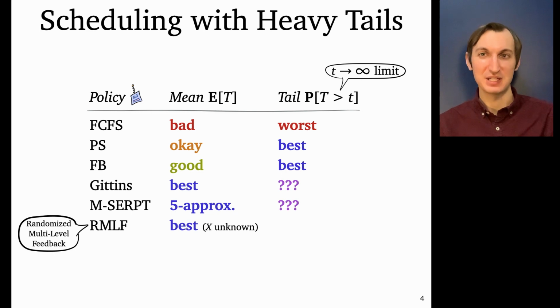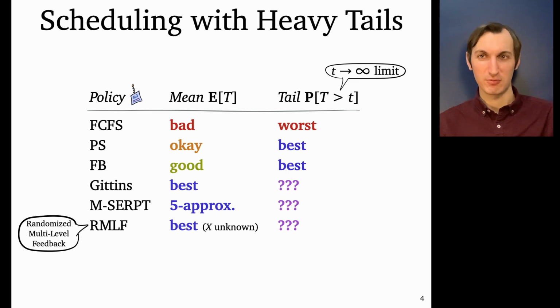So if you don't even know what the distribution looks like, you can use RMLF to get the best possible competitive ratio for mean response time. It's even simpler than SERP, which is in turn simpler than Gittins. But even though it's so simple, we still can't analyze its tail decay, or it still hasn't been done.